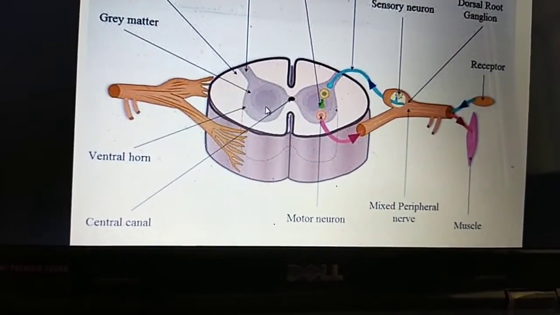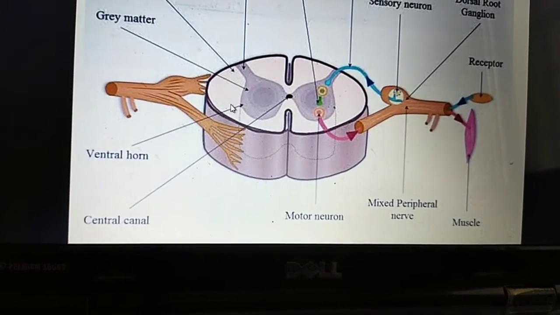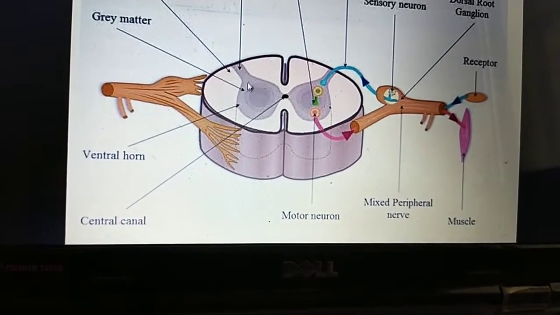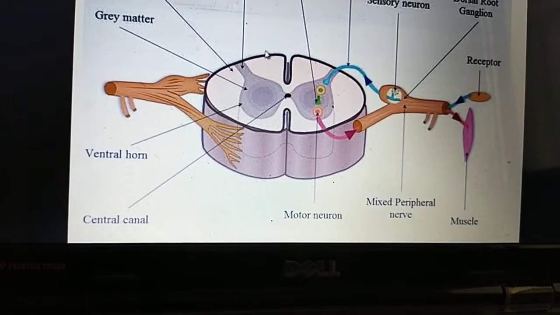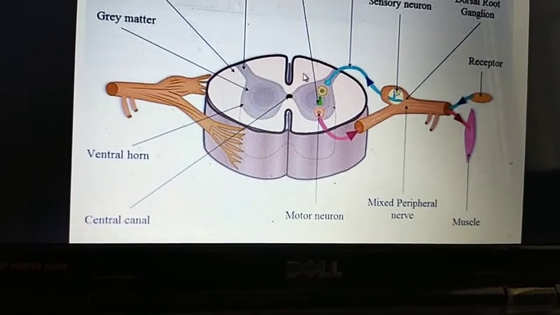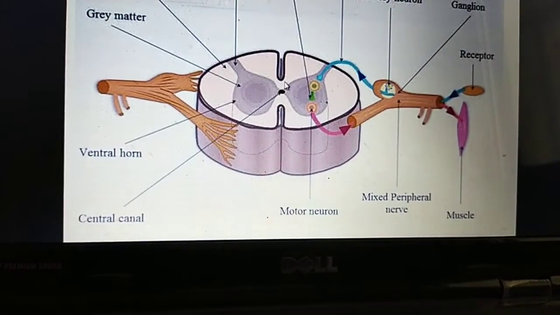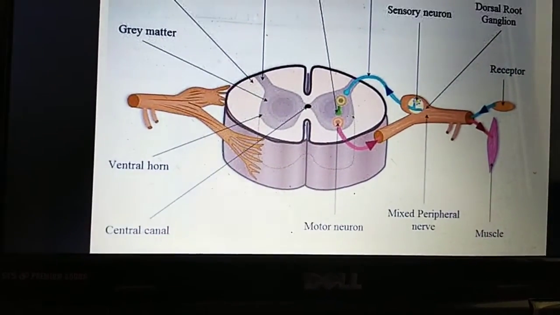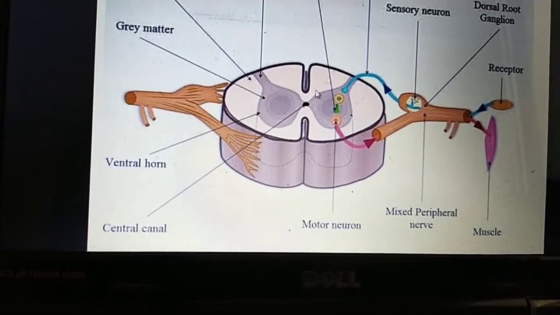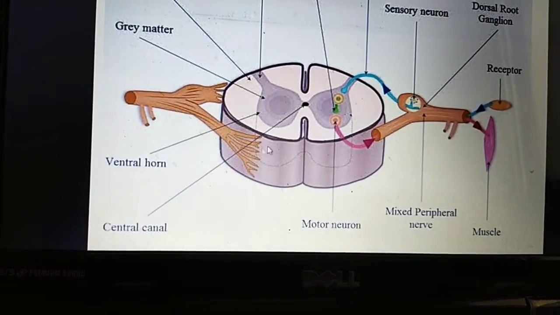You can see here, this is the white matter. The white matter covers the gray matter, and it looks white because it contains more myelinated axons.